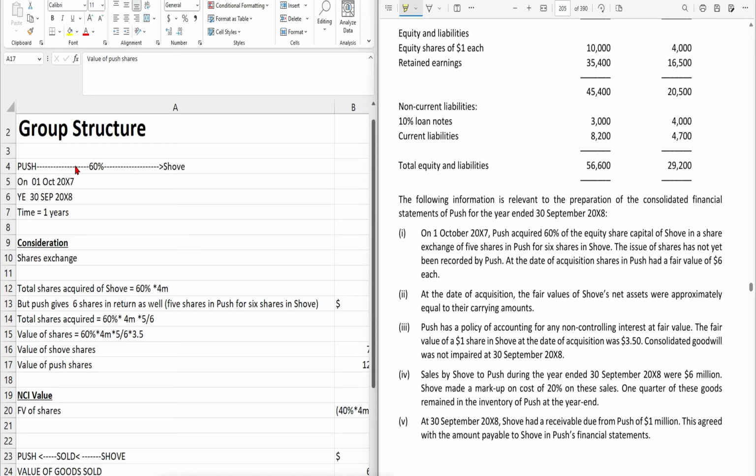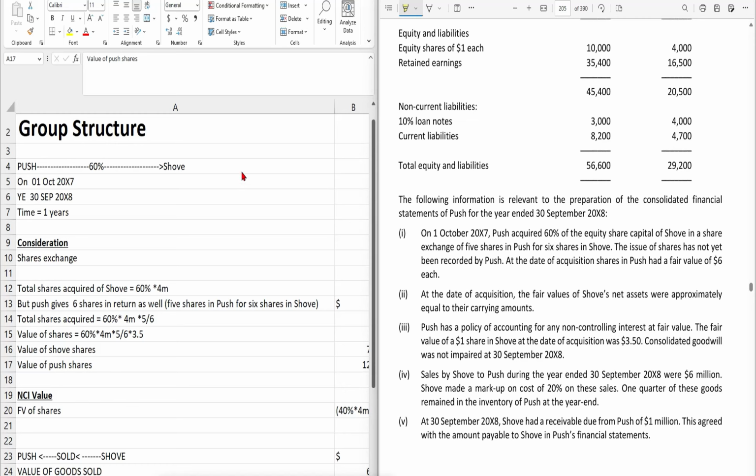So when the parent acquires less than 100% of shares, in that case the other remaining shares, like in our case the parent, Post, acquires 60% of the shares of Solve, right? So that means 40% of the shares is held by others. So it's known as non-controlling interest.